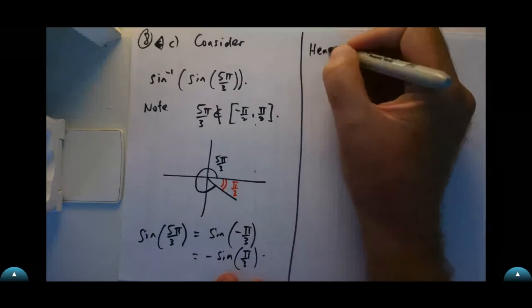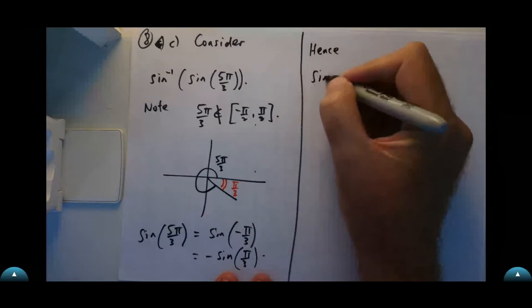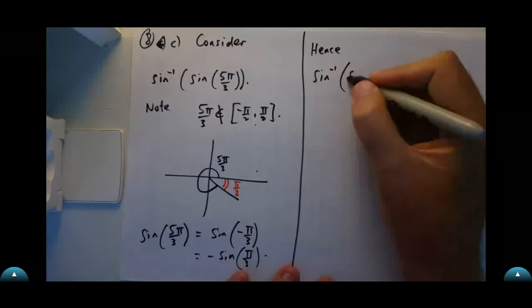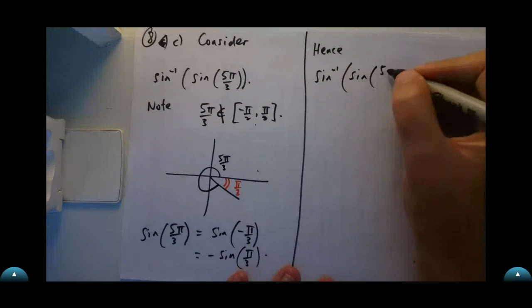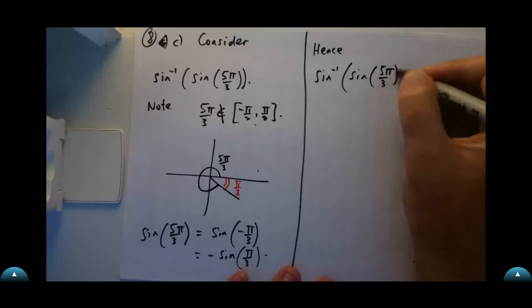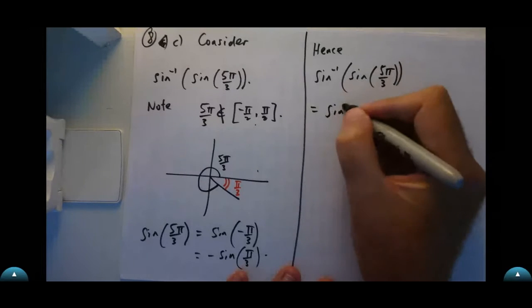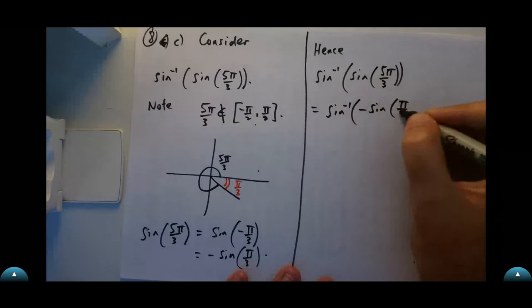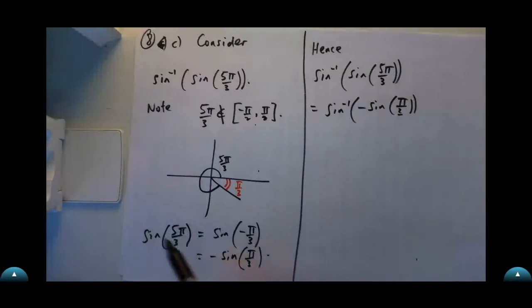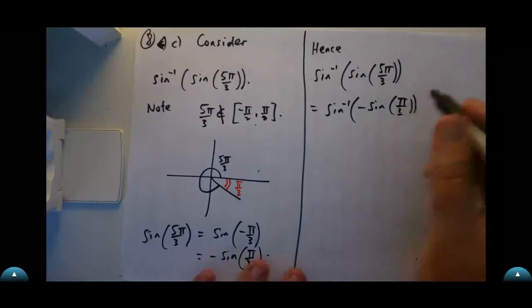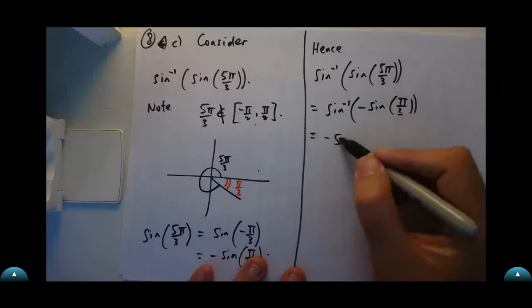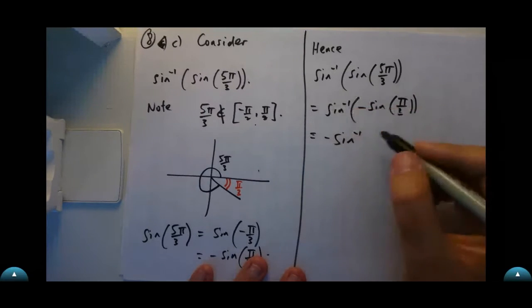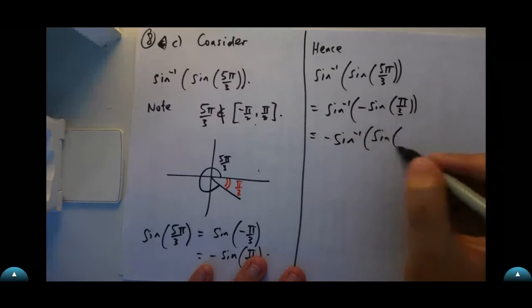So if I put that all together, and there may be an easier way to do some of these moves. Right, I just replace this with this up here. And sine inverse is also odd, so I can move that negative sign out there.